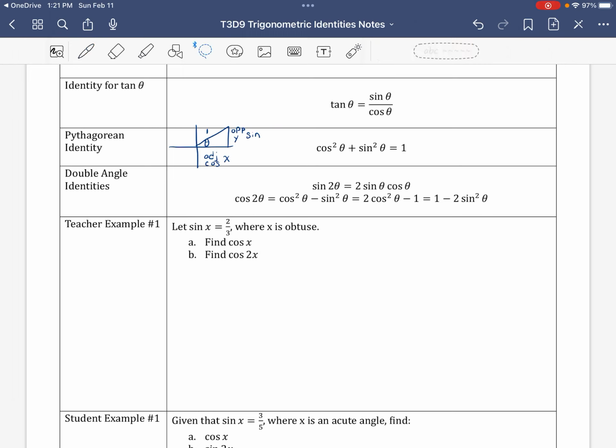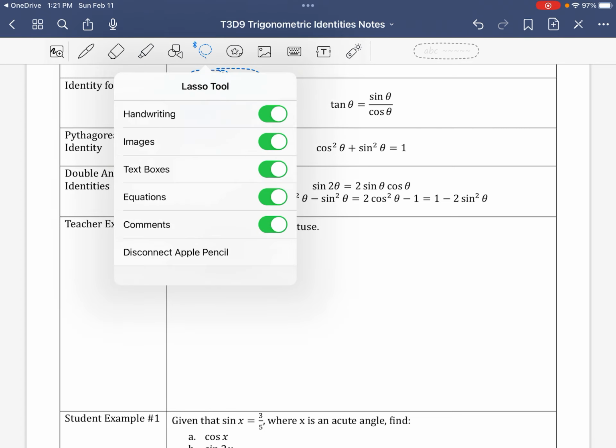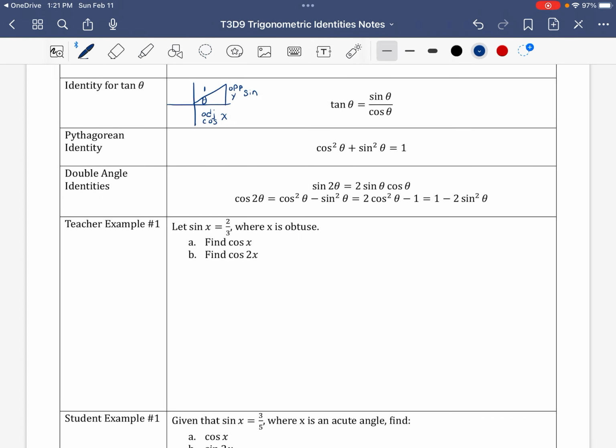In the same way, we can use what we know about tangent. We already know tangent equals opposite over adjacent. And we know that our opposite side also represents our sine, and our adjacent side represents our cosine. Therefore, tangent of theta also equals sine over cosine.